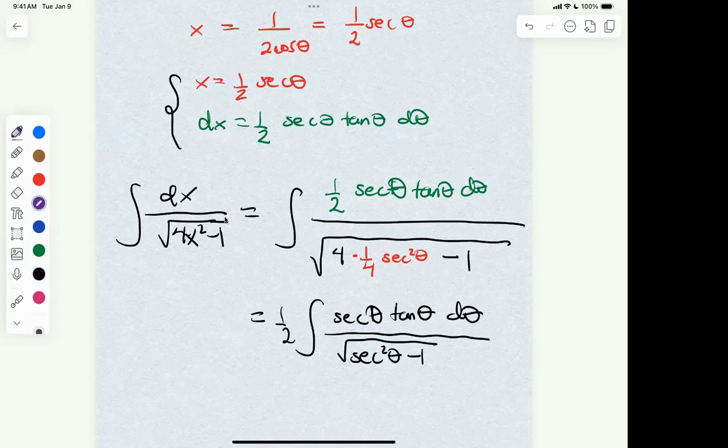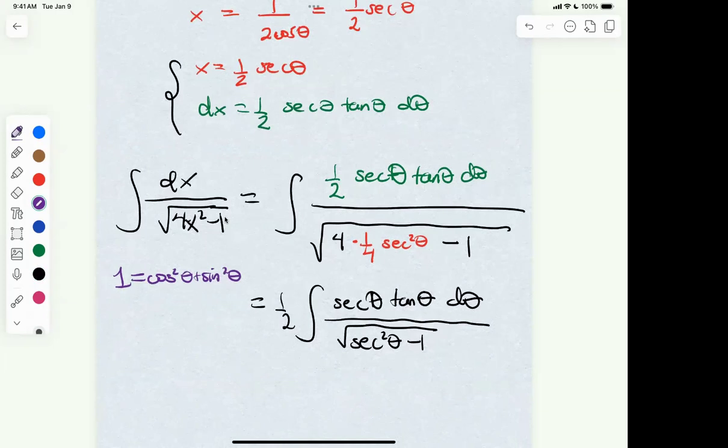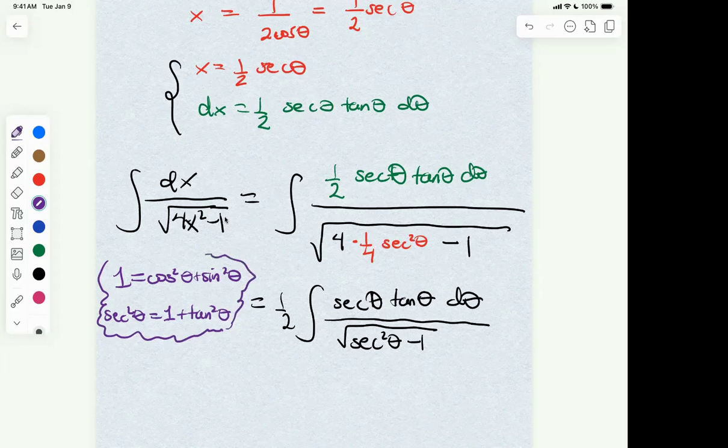You could memorize more identities than that, but it's really not needed, because if you take the magic formula and divide both sides of the equation by cosine squared, then you get secant squared of theta is 1 plus tangent squared of theta. They're kind of equivalent. You just get 1 by dividing by cosine squared. And so secant squared minus 1 will be tangent squared.